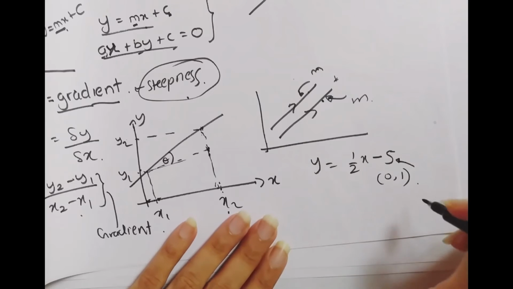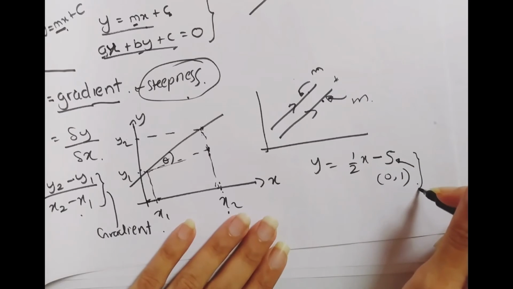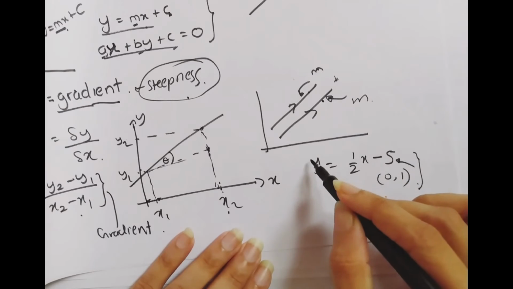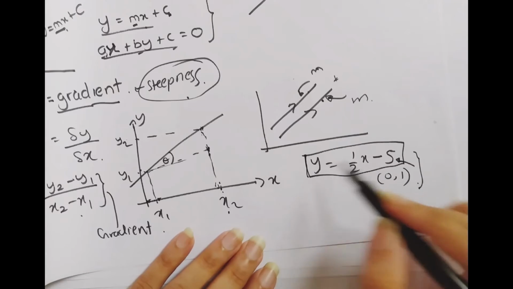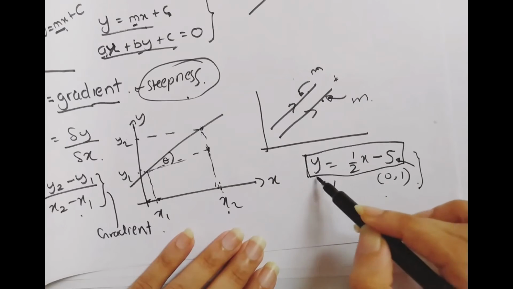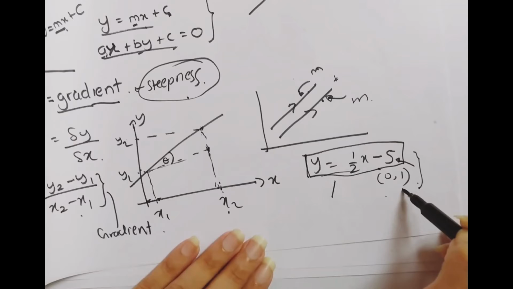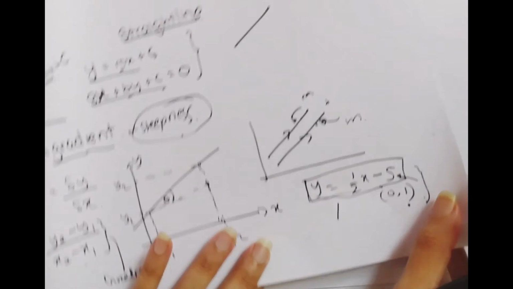So you want the equation where the gradient is equal to this one, that is, parallel to this equation and passing through (0, 1). In that case, there is a way of finding it.